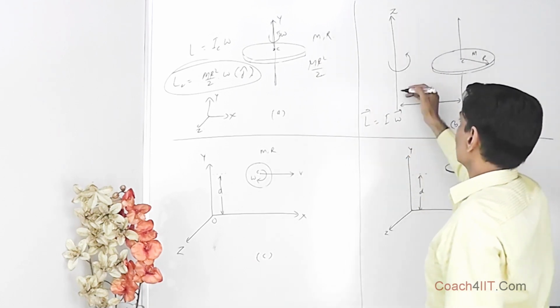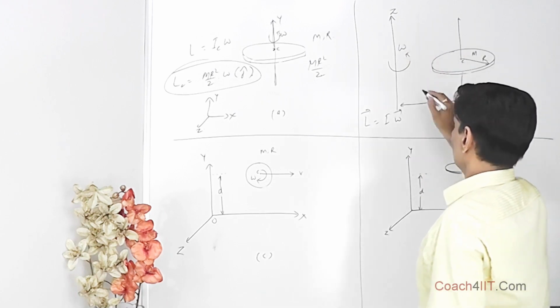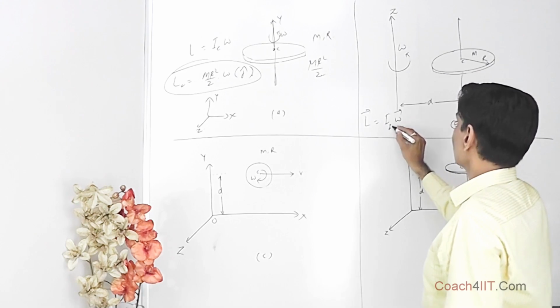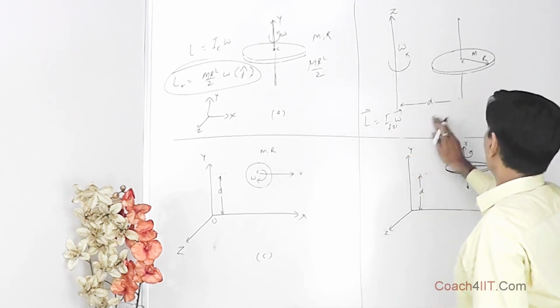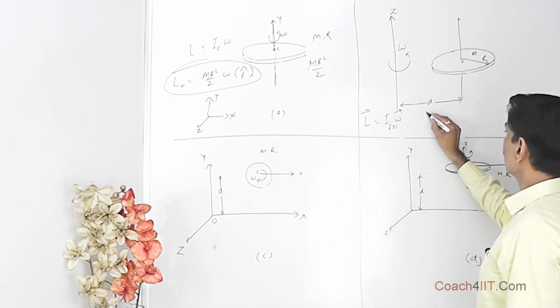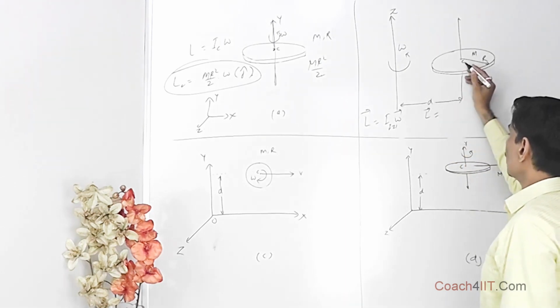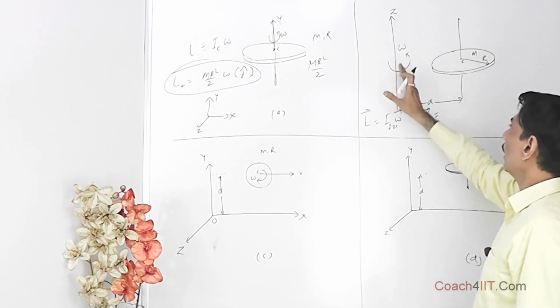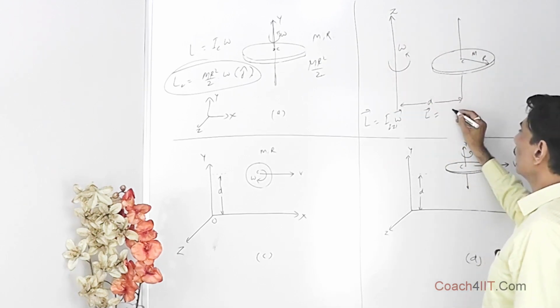Omega about this axis, what is that? That is suppose given as omega. And what about I? I is going to be about this axis only, that is zz dash. So L, the angular momentum of this disk which is rotating with angular velocity omega about this axis, is going to be I omega.